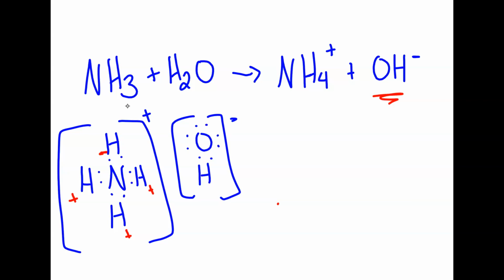It is accepting the proton. All right, so instead of giving it away, it's taking one on. So this NH3 here, this ammonia, is what we call a proton acceptor. It gained a proton to go from NH3 to NH4 plus, and it left hydroxide as a result.